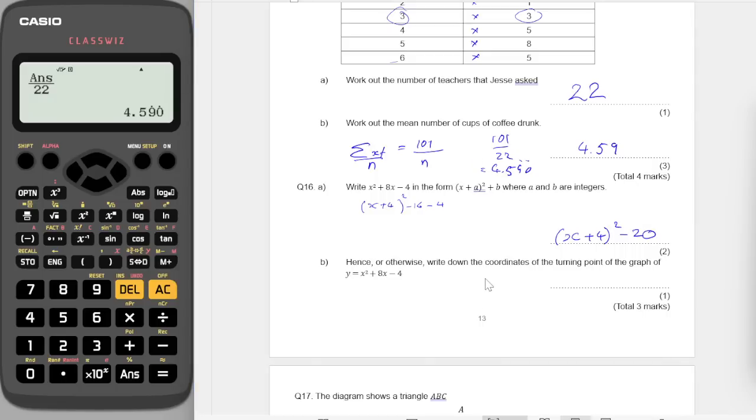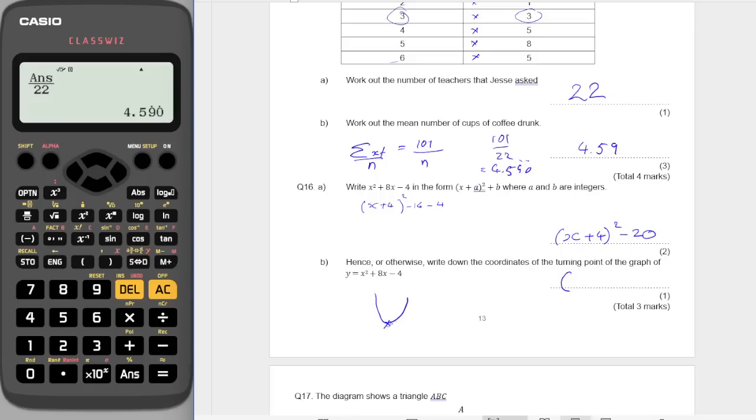So hence or otherwise, write down the coordinates of the turning point of the graph. So the turning point is going to be the minimum value. That's technically not correct language: to create this turning point, I need the very smallest that y could be.